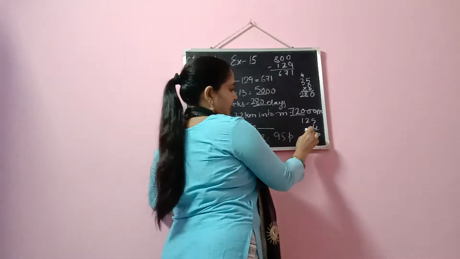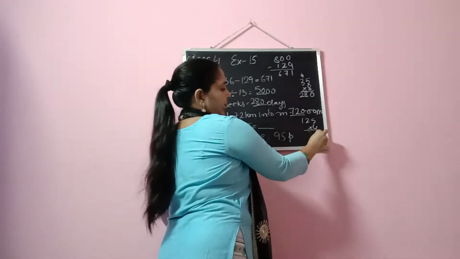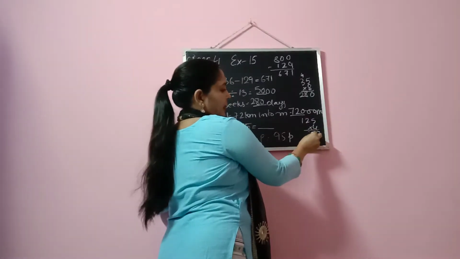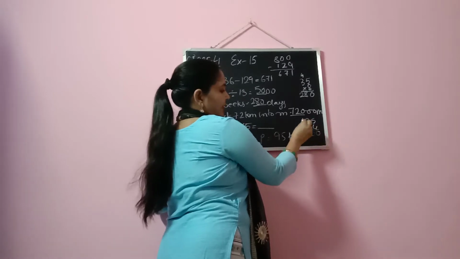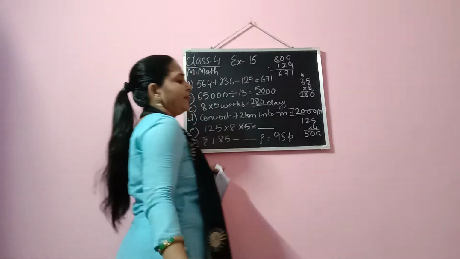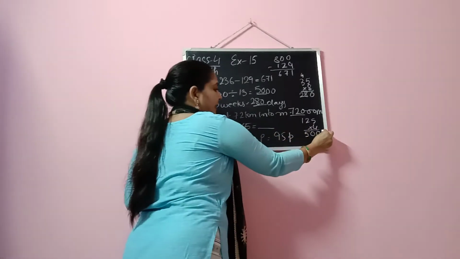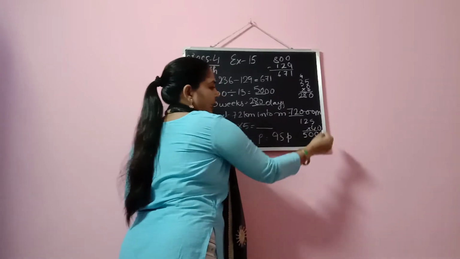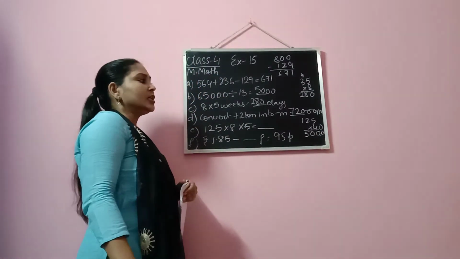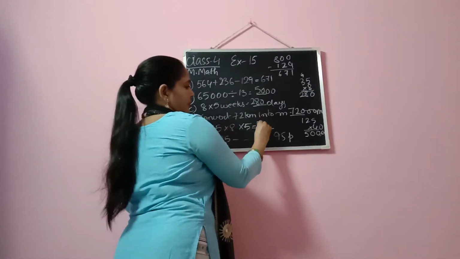I guess not 1000, I'm sorry. So 5 4s are 20, 2 carry over, 4 2s are 8 plus 2, 10, 4 1s are 4 plus 1 is 5. It comes 500. 500 and then one more 0 we will add here because we are multiplying by 40. Okay, so it is coming 5000.